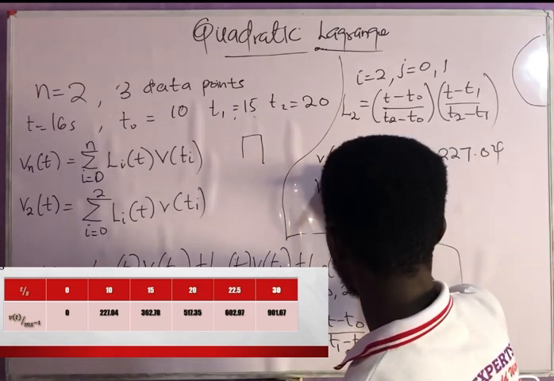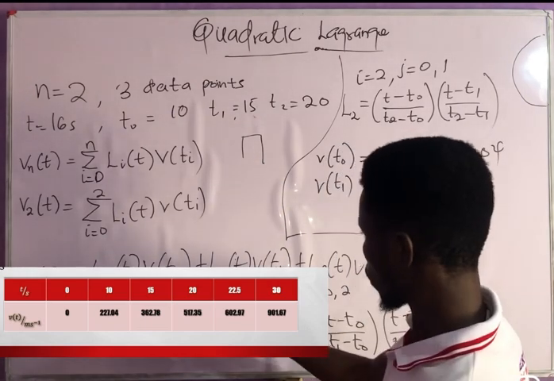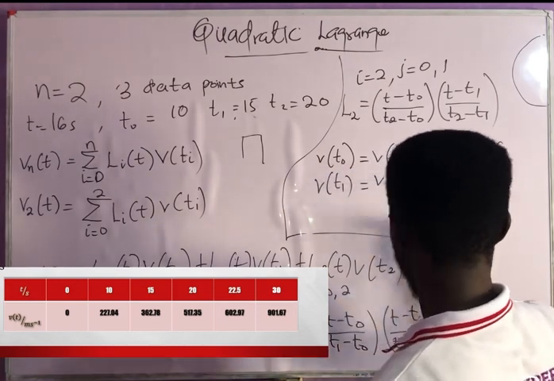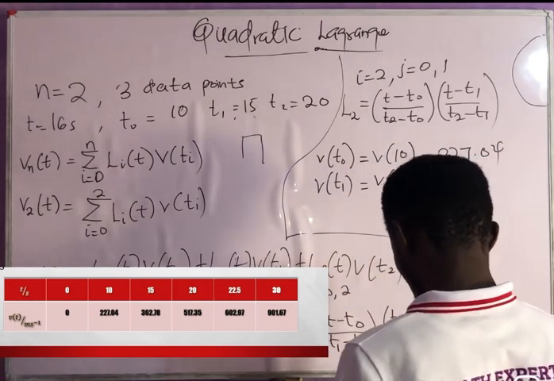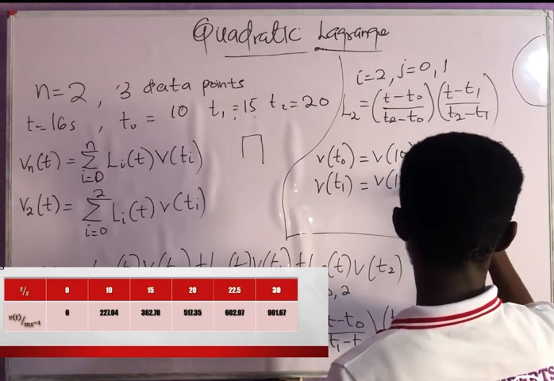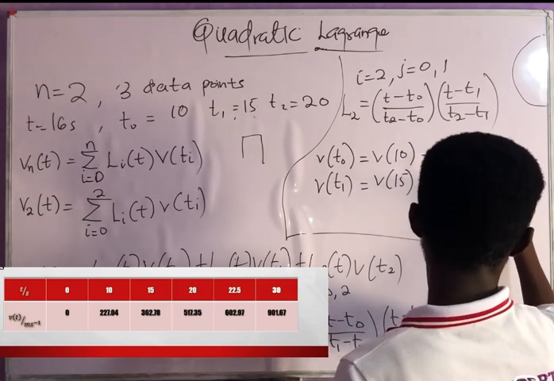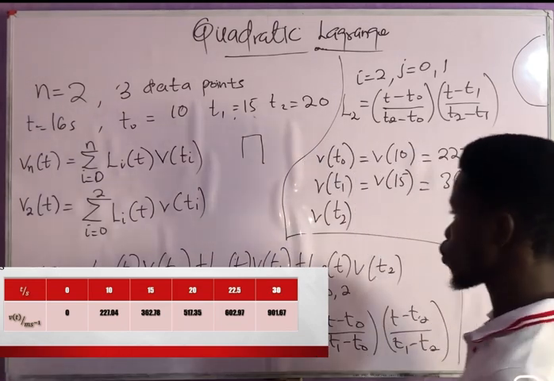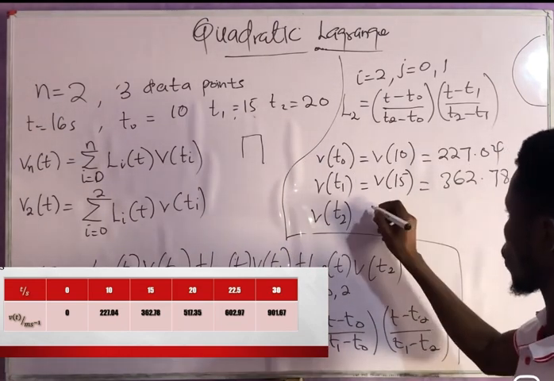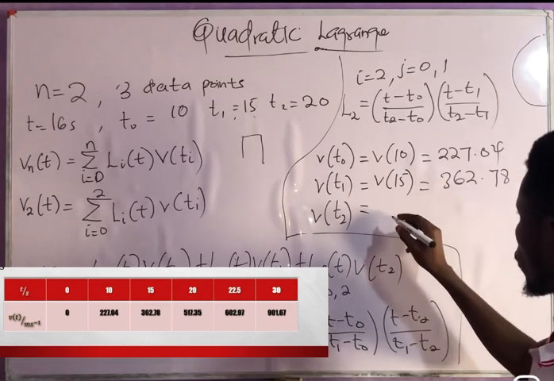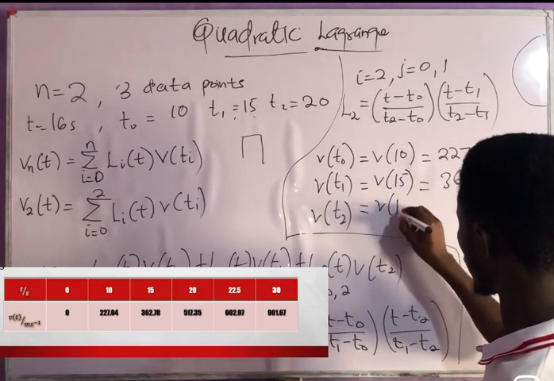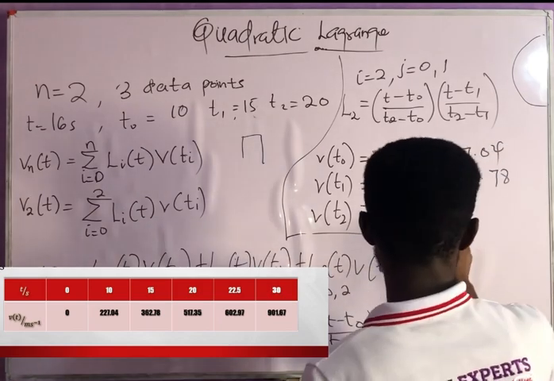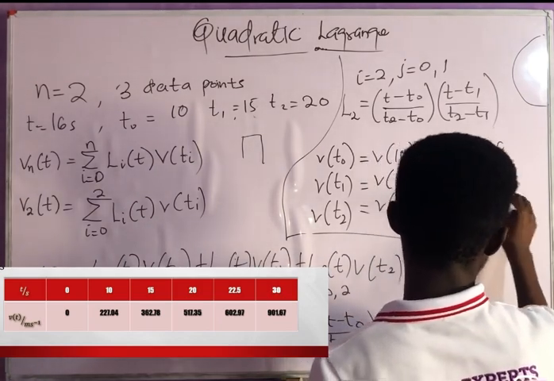Then we move to v(t1), which is v of 15, and that one we have 362.78. Lastly v(t2), that is v of 20, which is equal to 517.35.